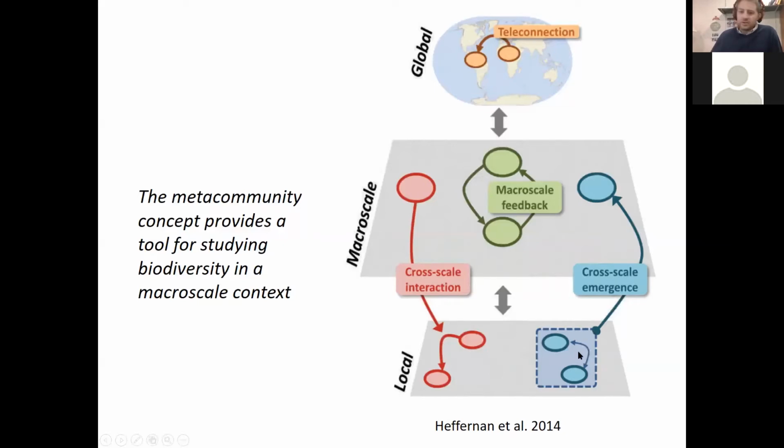We can't really understand what's happening at the regional scale with an entire metacommunity without thinking about how the different patches within a metacommunity interact. And then it also gives us a framework for thinking of these cross-scale interactions. So how do regional characteristics and species pool characteristics affect what's happening at a local scale?